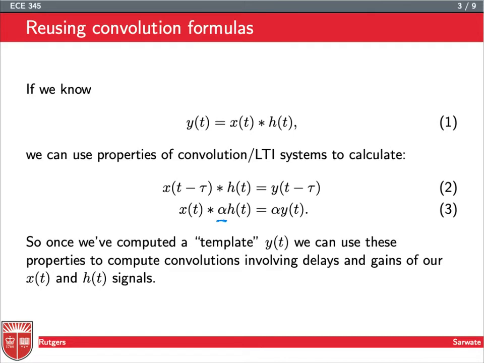And if I multiply by a gain alpha, I get a multiplication by a gain alpha in the output signal. So once you've computed a template y of t, you can use these properties to compute convolutions, which are essentially delays and gains applied to the known template that you've already calculated. You can just apply those operations to the output signal.